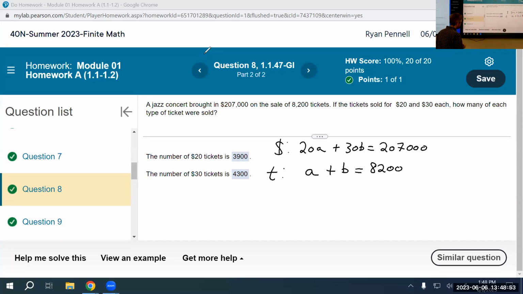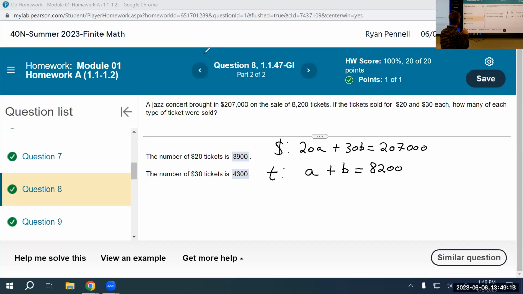All right, well, how does that help you? I think if we found where these lines meet, where they intersect, we would find how many of each ticket was sold. So we have two different lines.